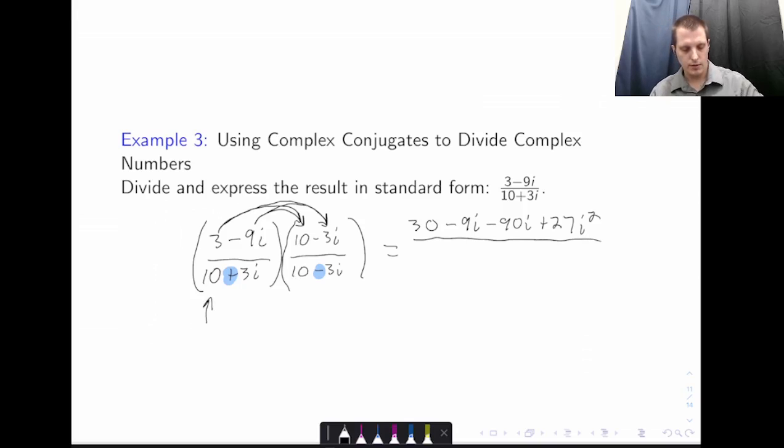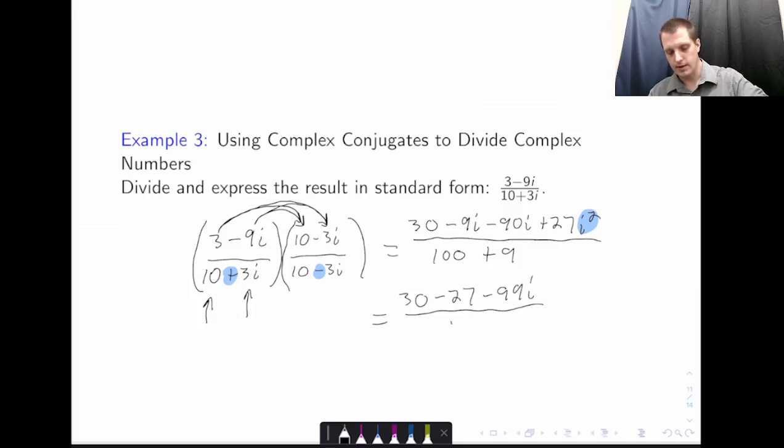On the bottom part, you just write the real parts of these squared. So 10 squared, 100, plus 3 squared, 9. Now we simplify. So we're going to get a 30 minus 27 because we have that i squared. And then negative 9i minus 90 gives us a negative 99i all over 109.